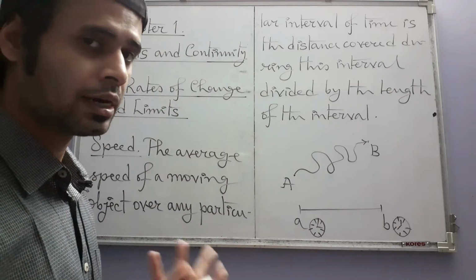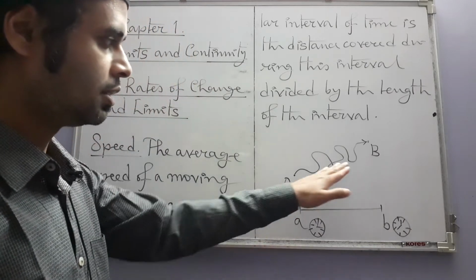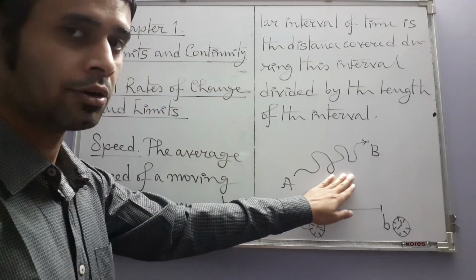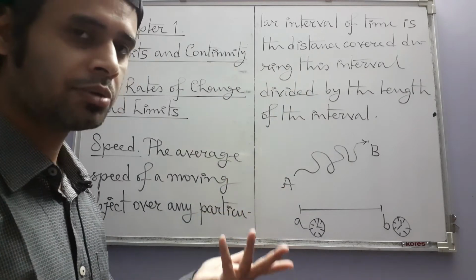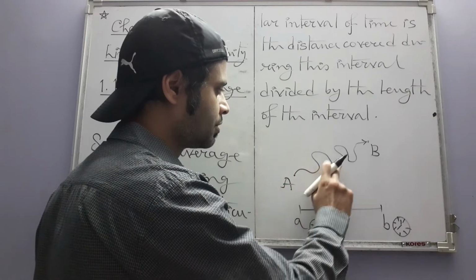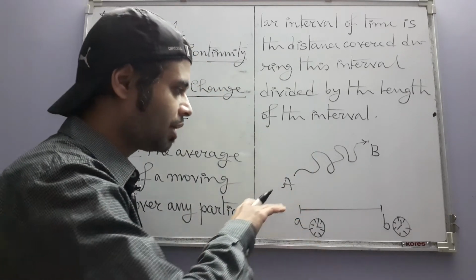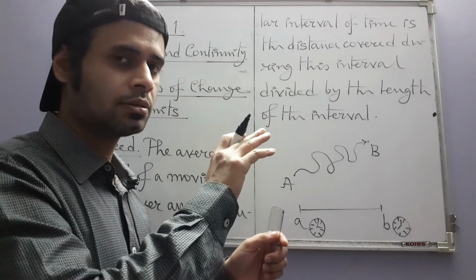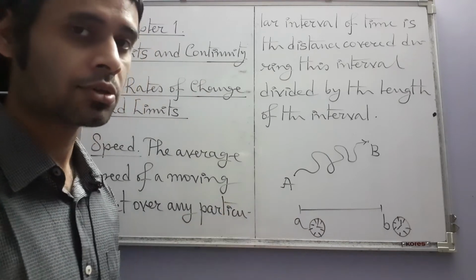So that what I was saying, that some things may have happened during the motion of the body which we are not taking into account in calculating the average speed. One of them may be the fact that the body may not have been moving uniformly during this time interval. It may have picked up some speed for some time. Within this time interval it may have slowed down.